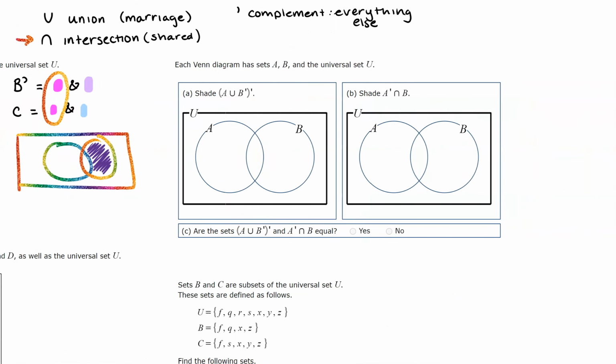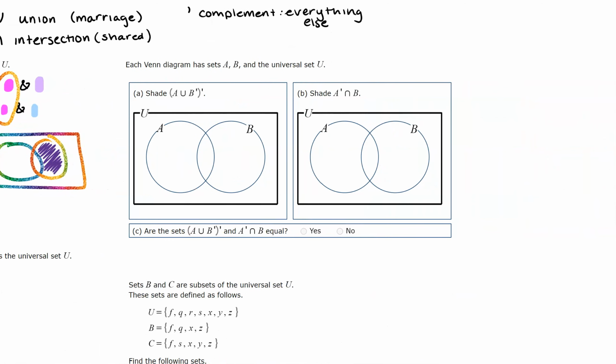Okay, let's try that again. Each Venn diagram has sets A, B, and the universal set. And we want to shade A union B complement, complement. So this is a double complement here.